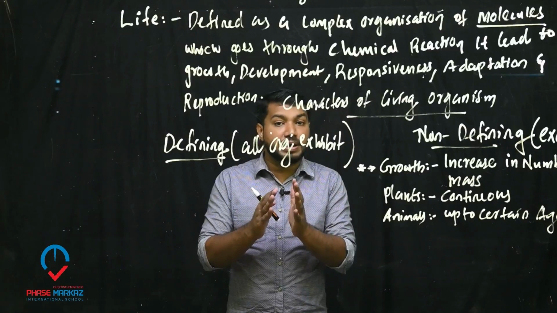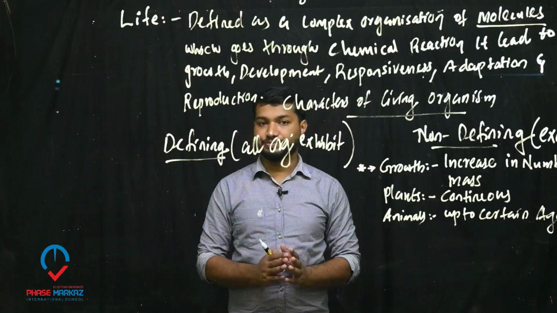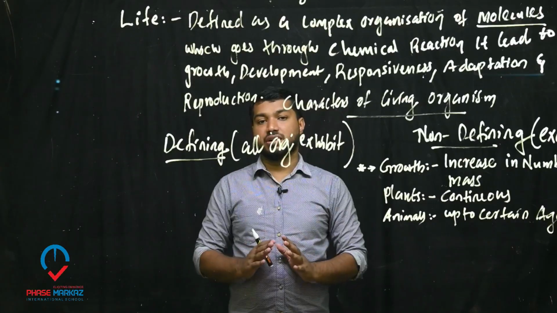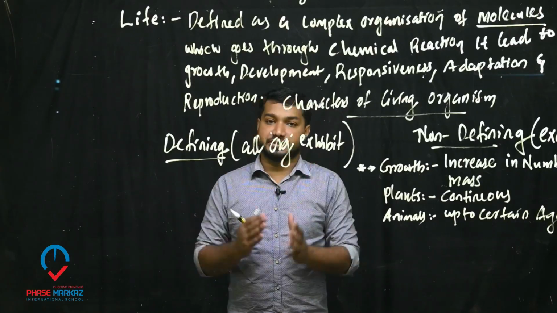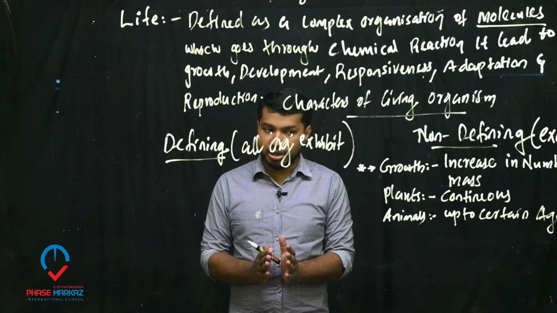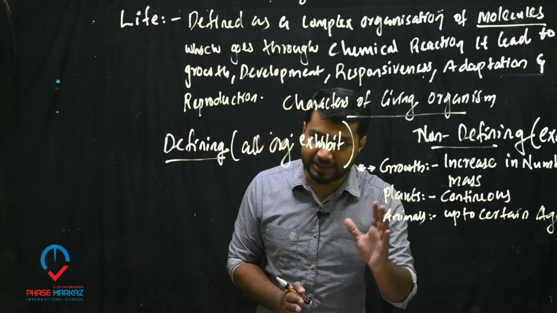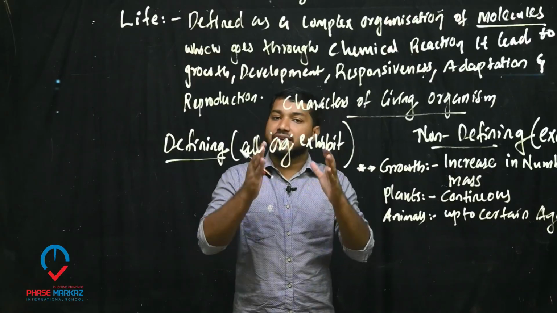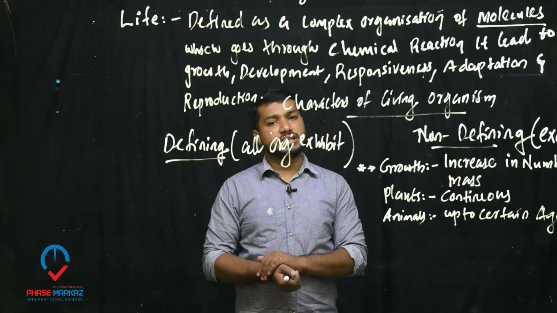But that is only repairing the damaged cells. No new cells are added, only the damaged cells are repaired. Clear, all of you? So that is the difference: the growth of plants is continuous and the growth of animals is only up to a certain age.